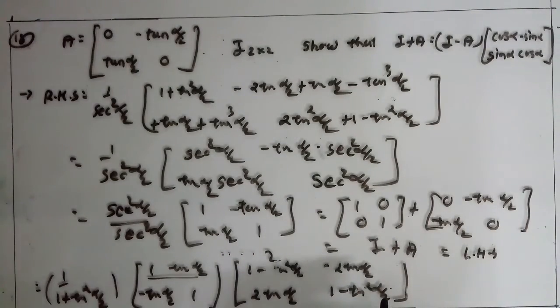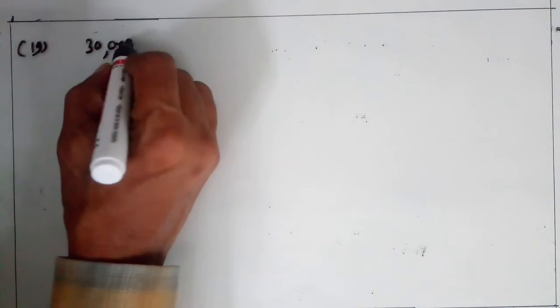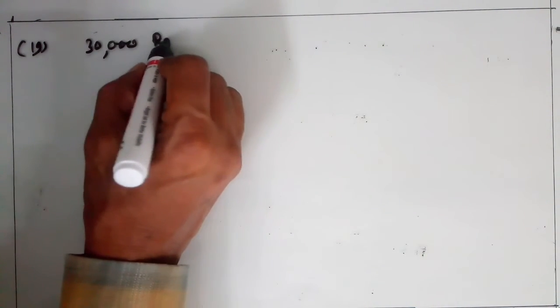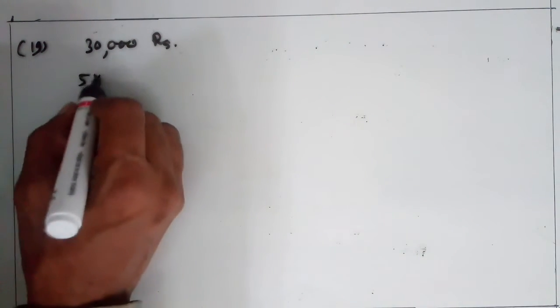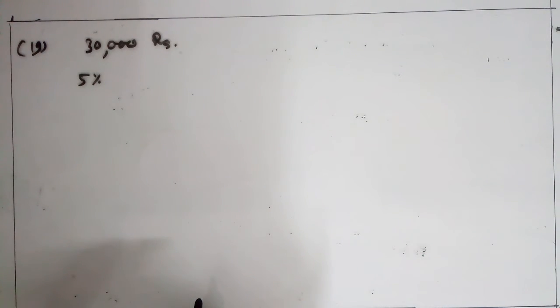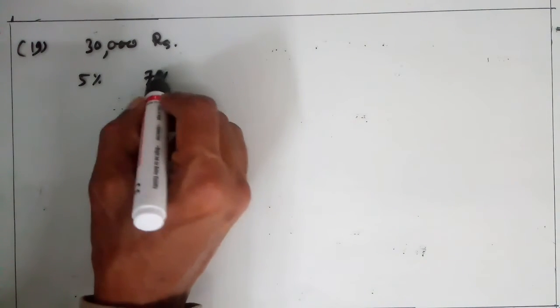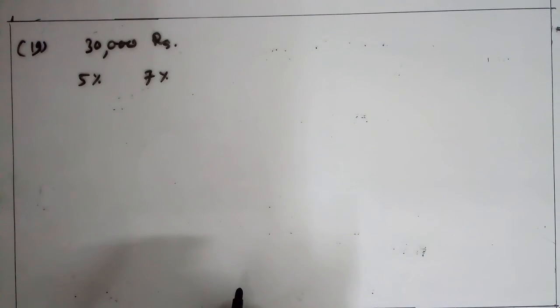Important question. A trust fund has 30,000 that must be invested into two different types of bonds. The first bond pays 5% interest per year and the second bond pays 7% interest per year.